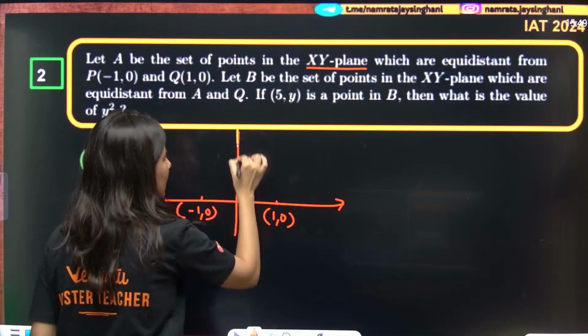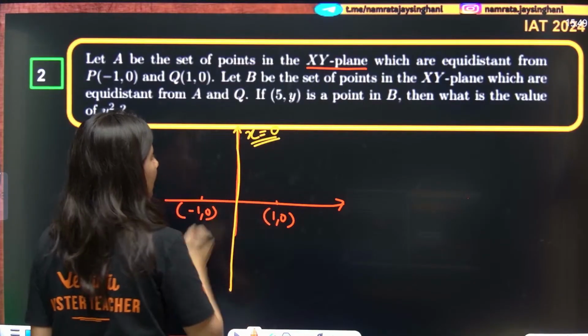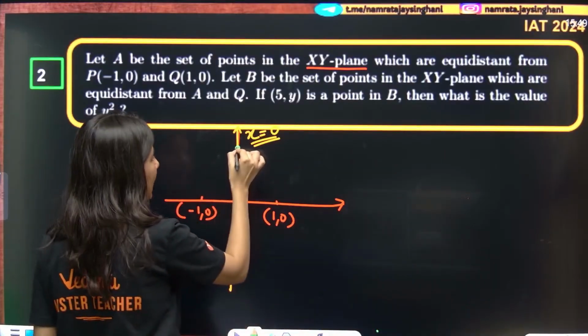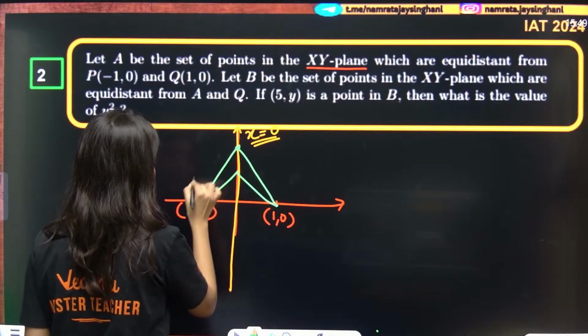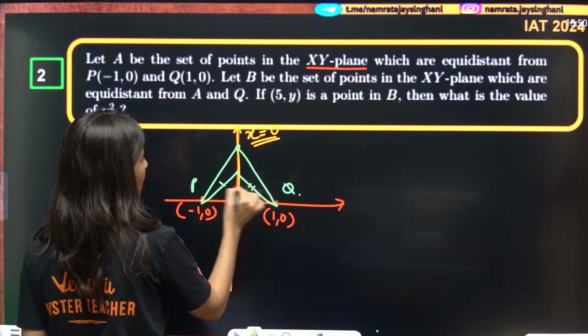It is very clear that the y-axis, that is x equals 0, is that locus. Points on this line will always be equidistant from P and Q.